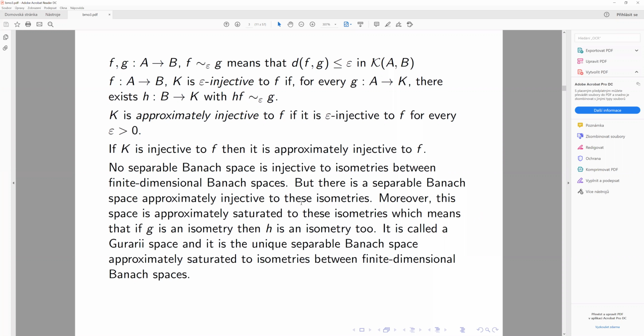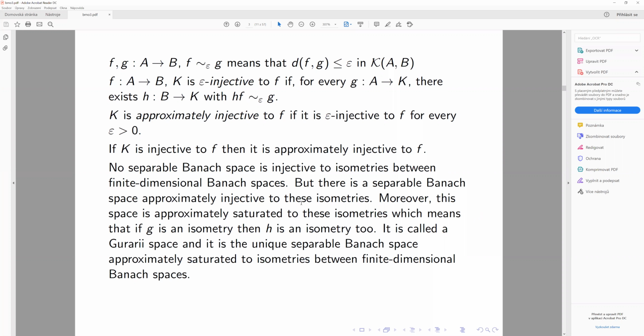On the other side, having a class of objects L, this triangle L means the class of all morphisms such that any object from L is approximately injective to F. And the same for this black triangle. And what I told you, that injective implies approximately injective, means that this black triangle is contained in the triangle. So this is just terminology.